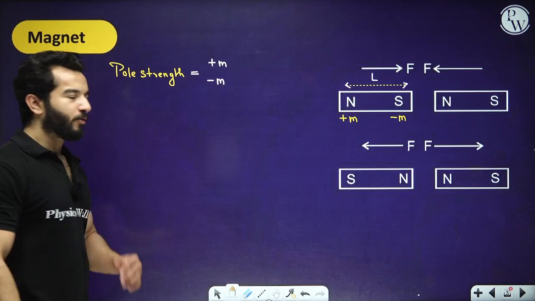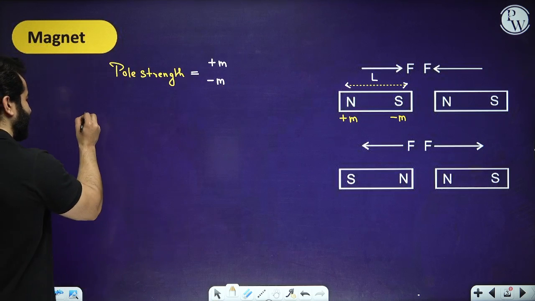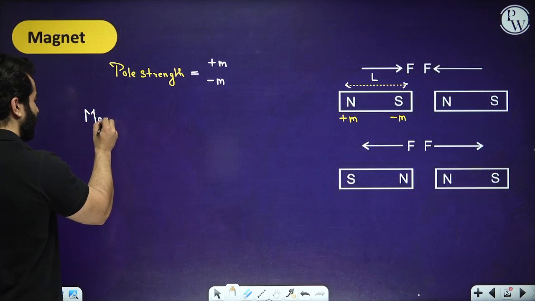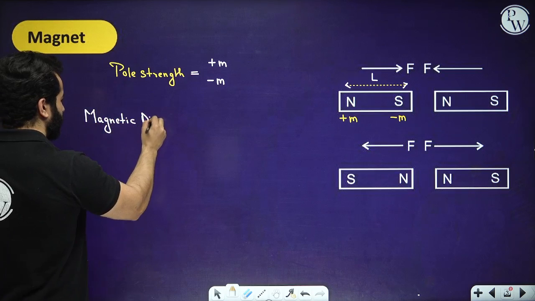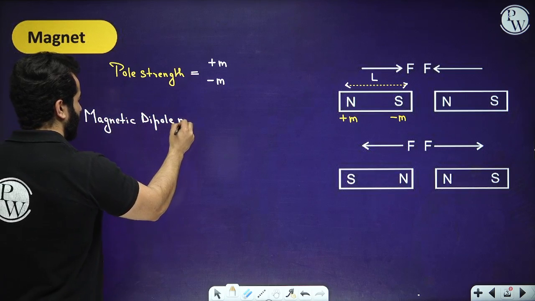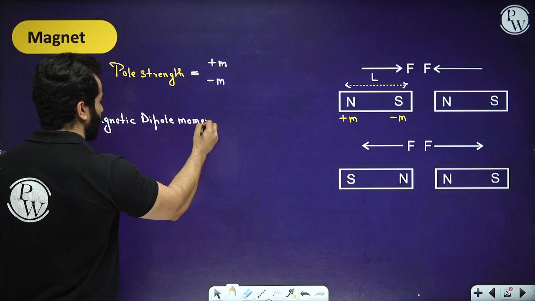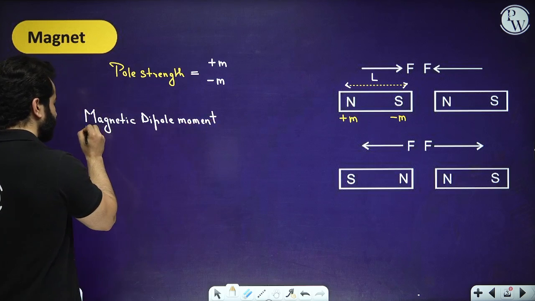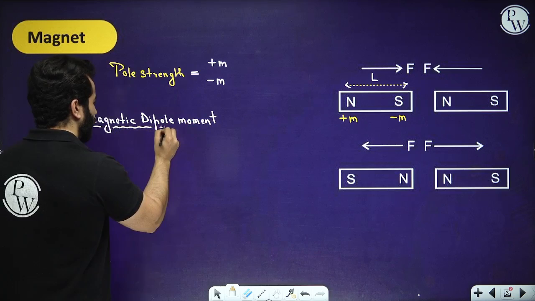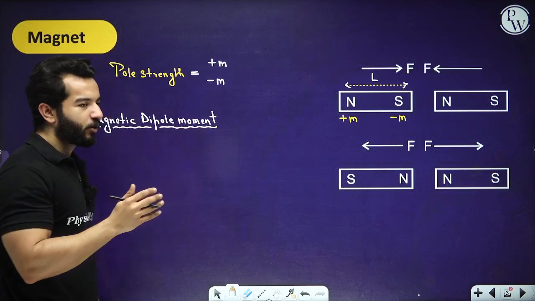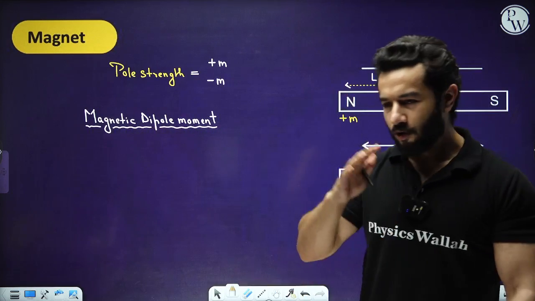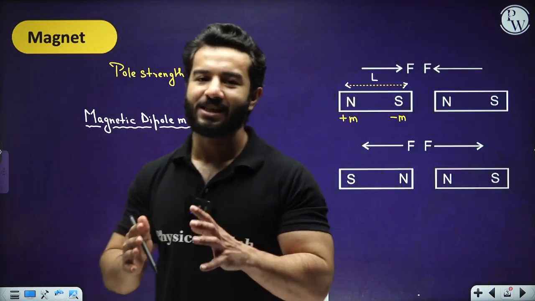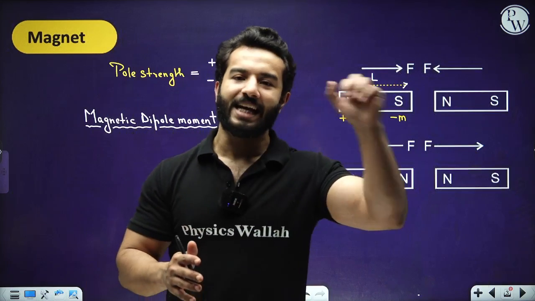Now we are going to define something which is called magnetic dipole moment. While explaining magnetic dipole moment, let me also tell you that half of this chapter, when we are going to talk about magnets and their magnetic field at different points, all of those things are very similar to what you have learned in electrostatics, right?